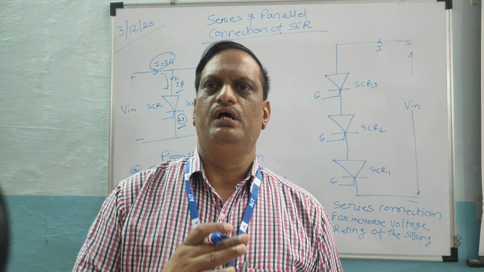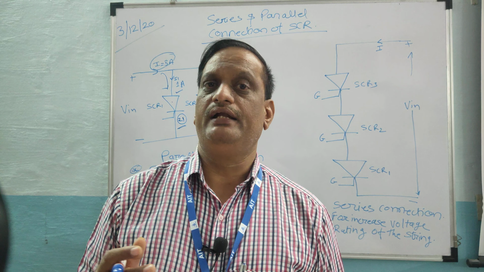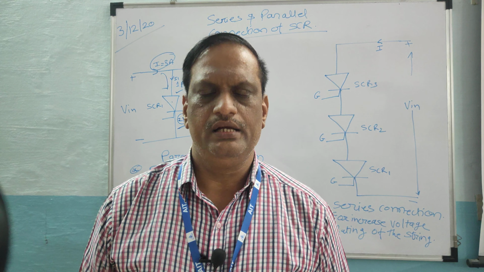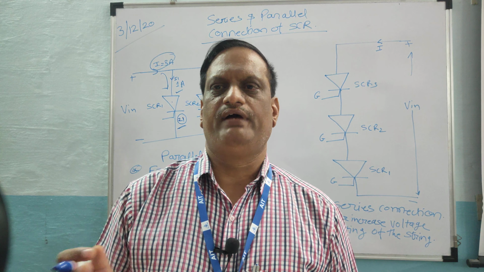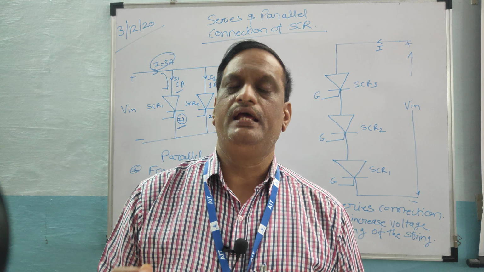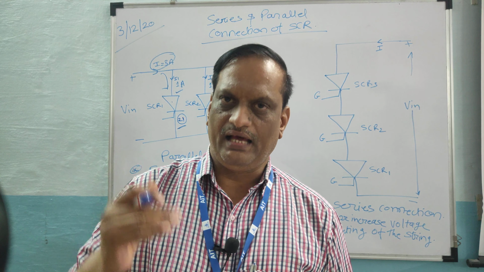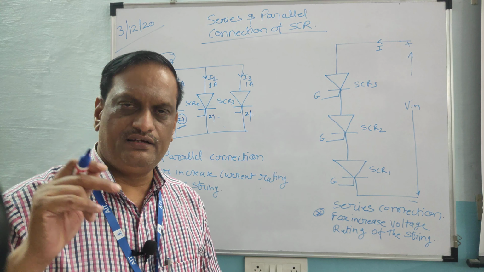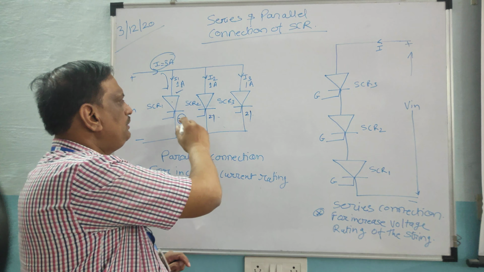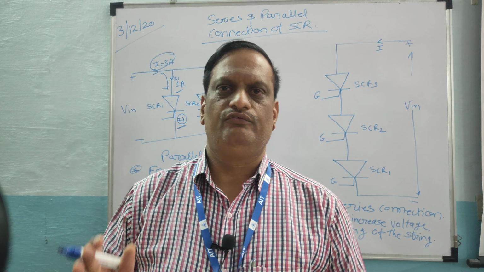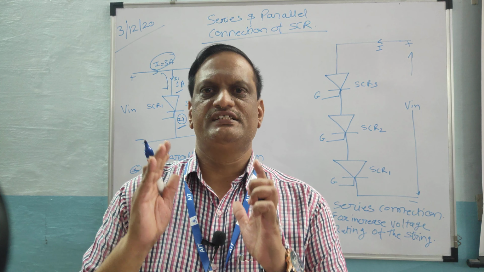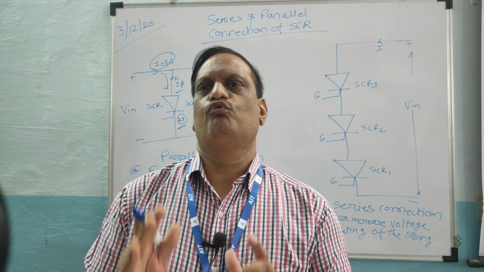The input supply fluctuates, so the Ig will fluctuate by a few milliamperes, and because of that the breakover voltage of the device will change. Any one device whose breakover voltage is earlier will start conducting first and it will damage the entire string. So the care to be taken while connecting devices in parallel is that all the devices should be of the same rating and have the same breakover voltage.